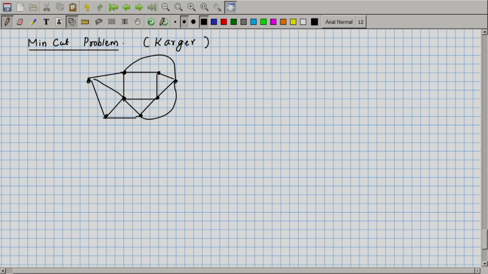So, in this graph, what is the collection of edges that you could remove to make this graph disconnected?